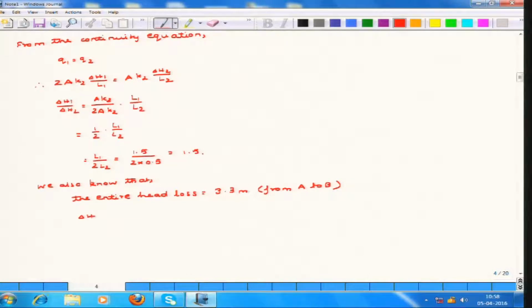Now, we know that the ratio of the head losses is equivalent to 1.5. So, from here we get that delta H1 plus delta H2 is equivalent to 3.3 meter and delta H1 by delta H2 is equivalent to 1.5. Solving these two, we get delta H1 is actually equivalent to 1.98 meter, while delta H2 is equivalent to 1.32 meter.